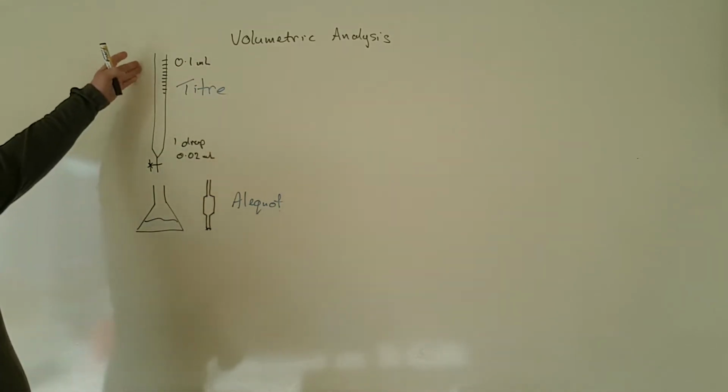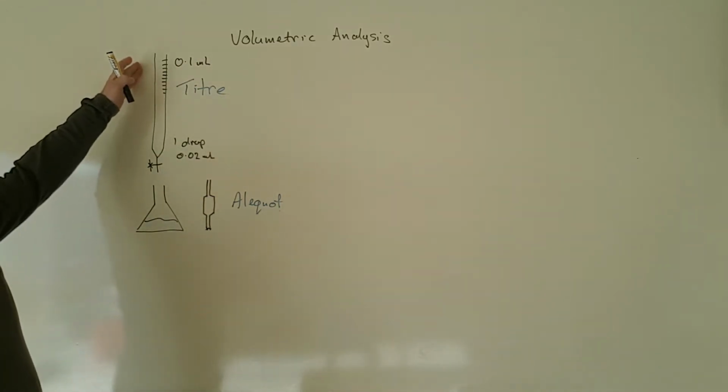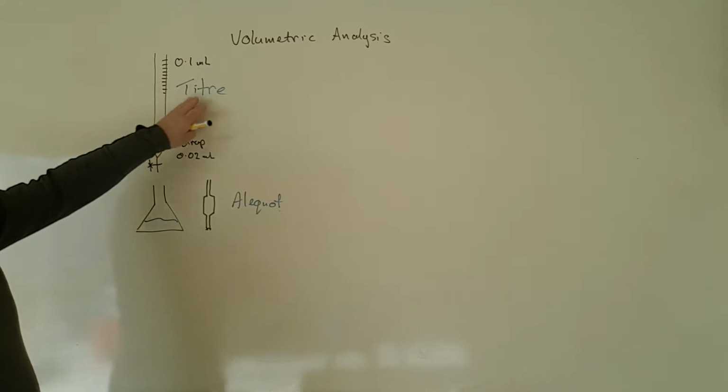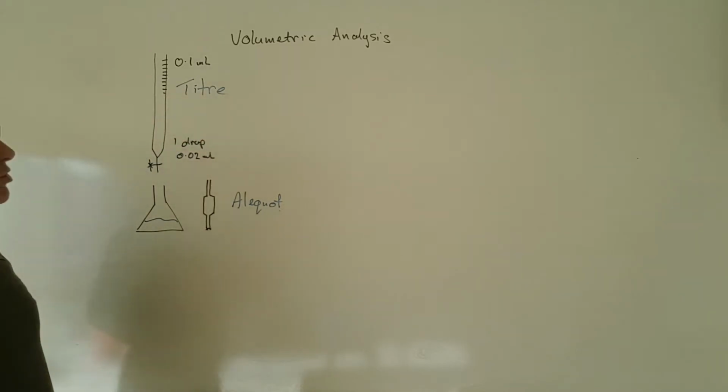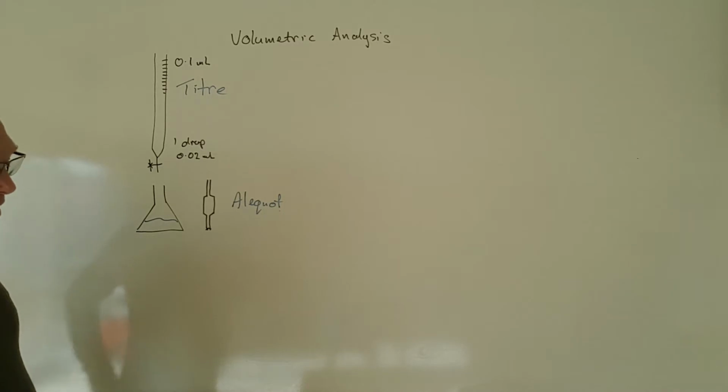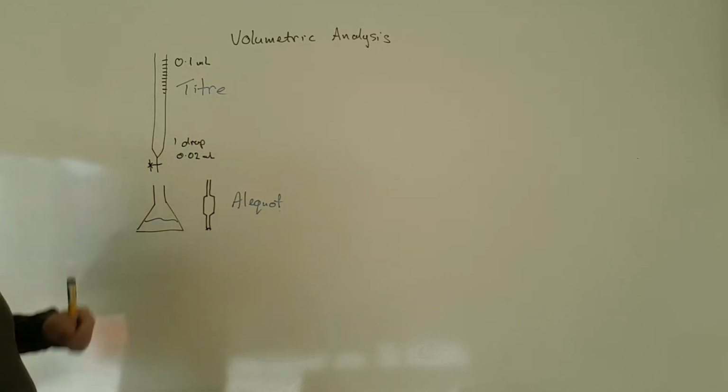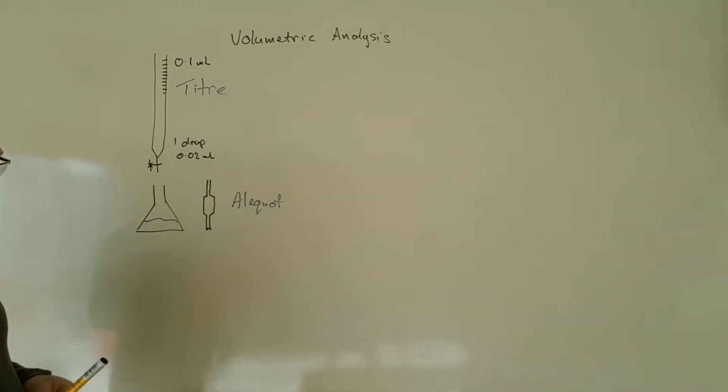Usually we do three runs, and our titers need to be concordant or grouped together close enough so that they're within 0.1 of a milliliter, but we'll teach you more about that when we do the practical side of it in the laboratory.